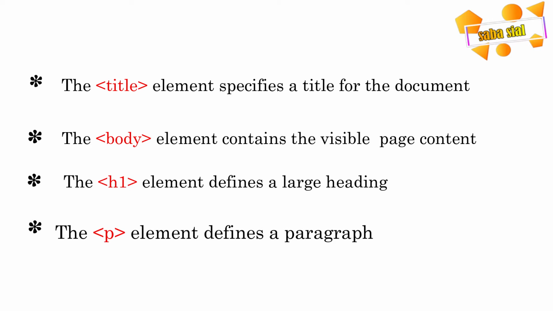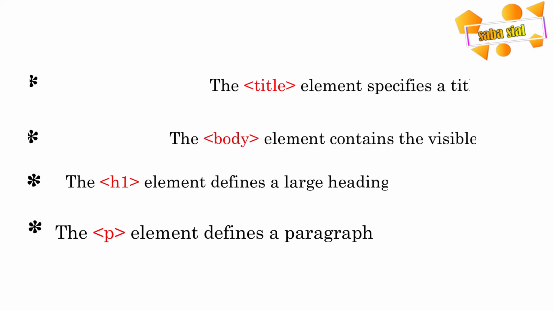The title element specifies a title for the document. The body element contains the visible page content. The H1 element defines a large heading. The P element defines a paragraph.